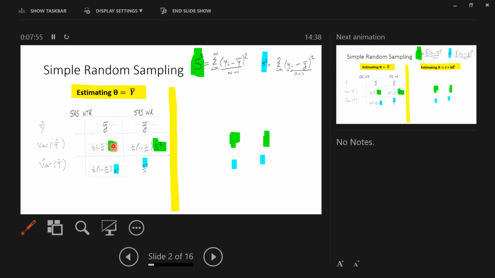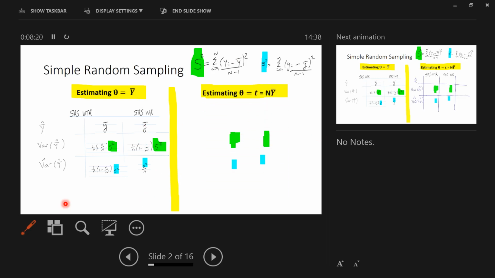This tells me how much it's going to differ, but I can't work it out because of the big S squared. This is the thing you're going to actually work out. Can you see that? And exactly the same again for with replacement. With replacement, all the same story, but it's this lot of stuff. Are you all clear?